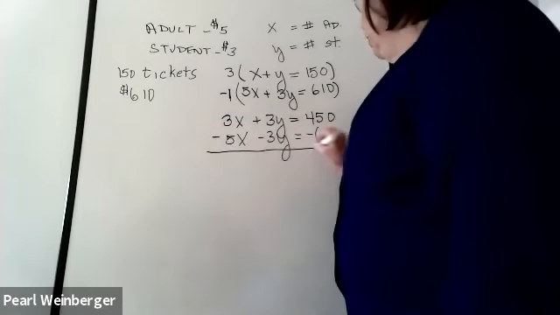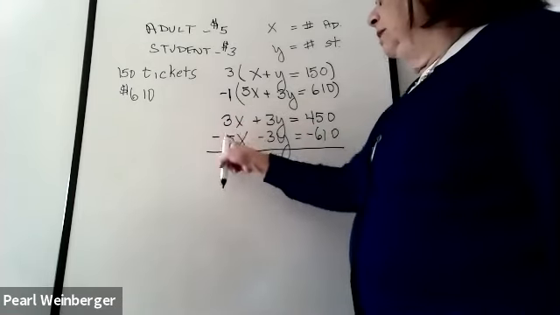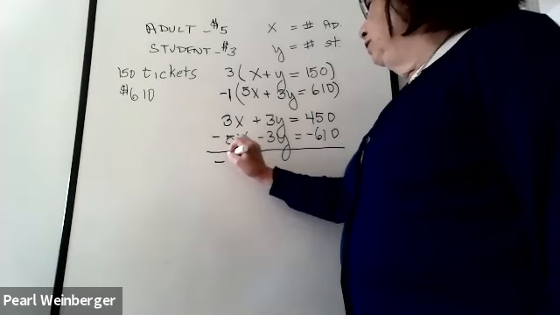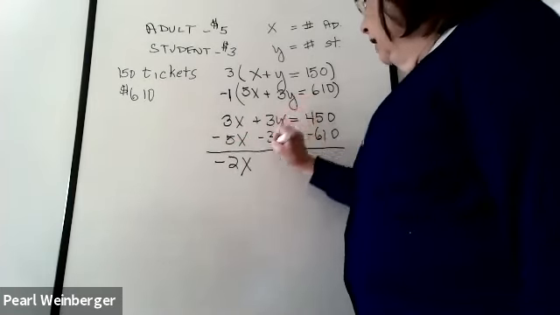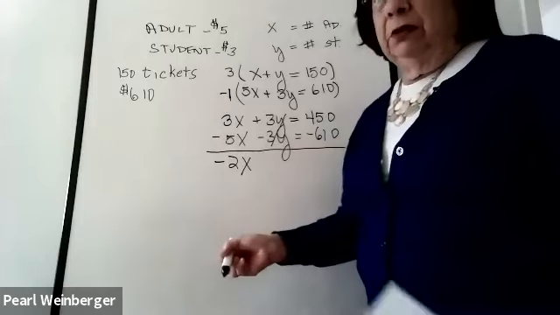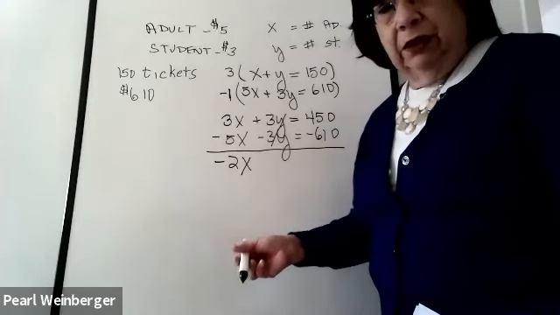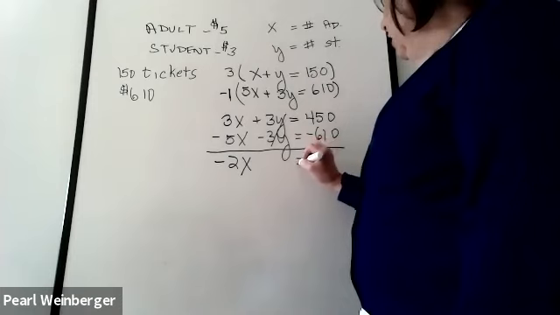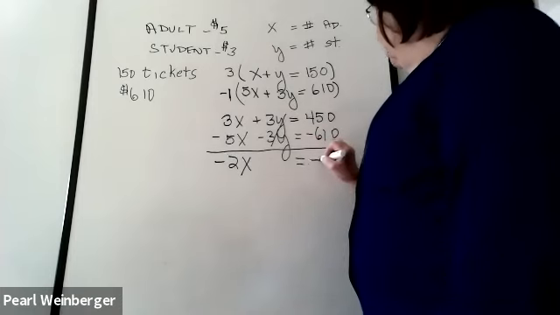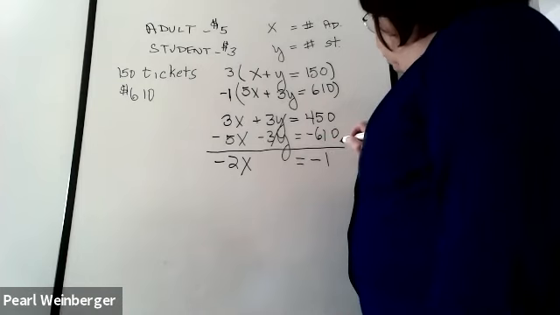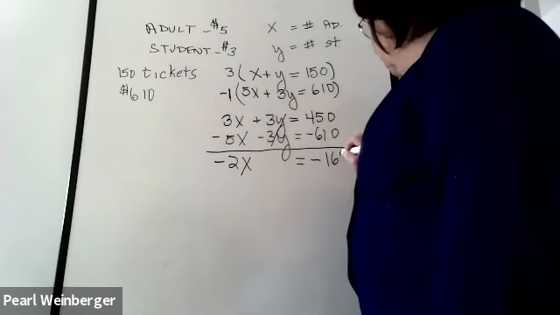When I add these two equations down, 3x minus 5x is negative 2x. 3y and negative 3y cancel out. That's what we wanted. We said we wanted to eliminate the y's. That's going to equal 450 minus 610, which is minus 160.